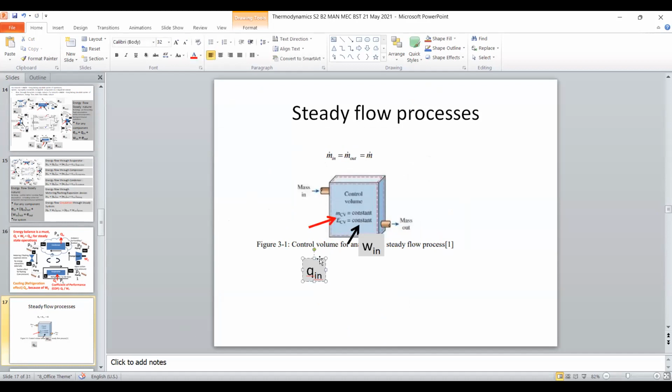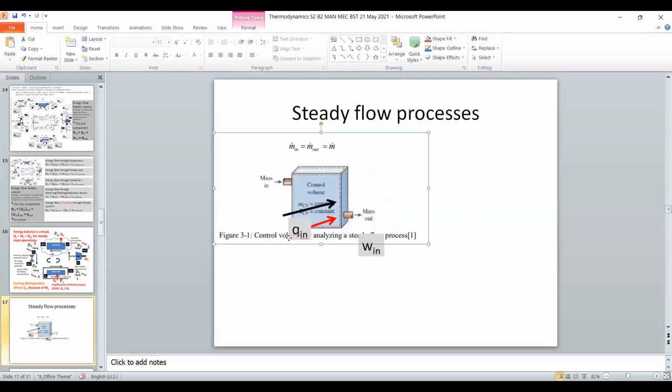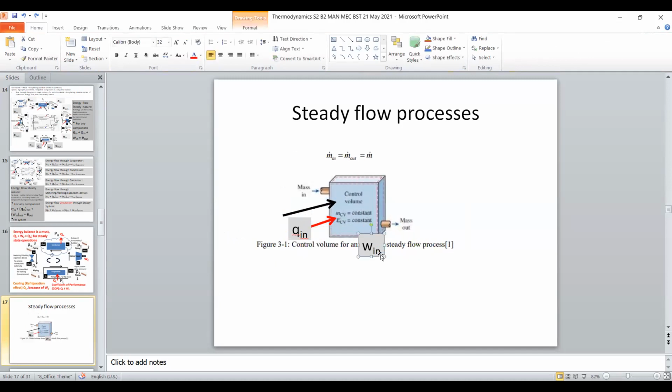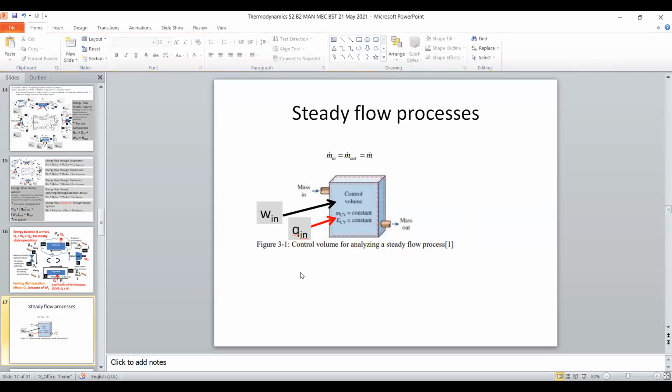There should be energy interaction with the surrounding. Also, there could be work interactions as well with the surrounding. Work interactions with the surrounding.